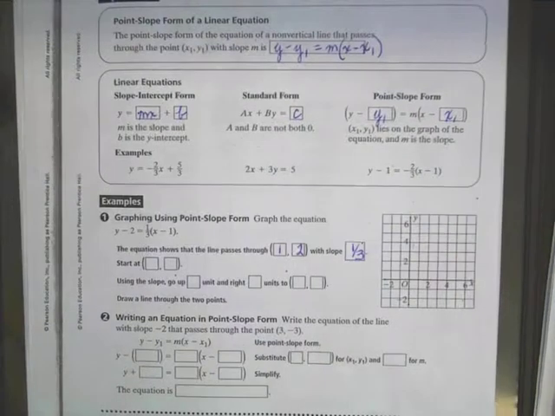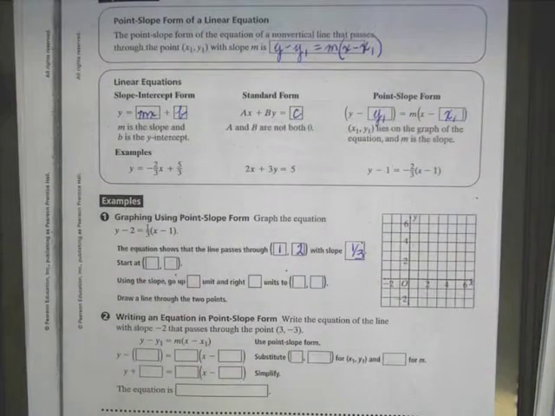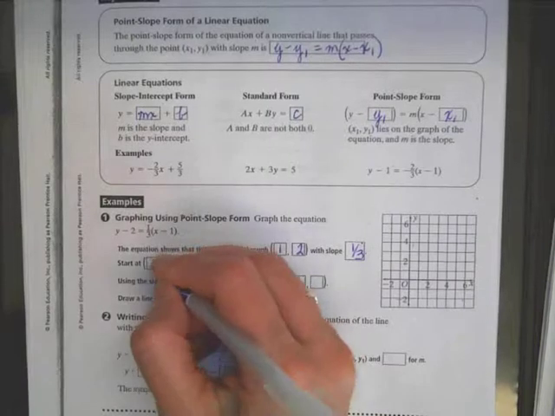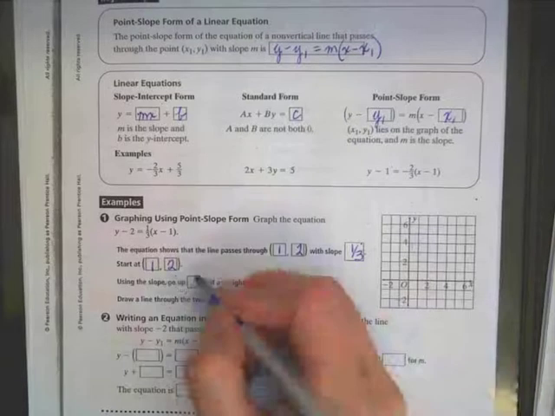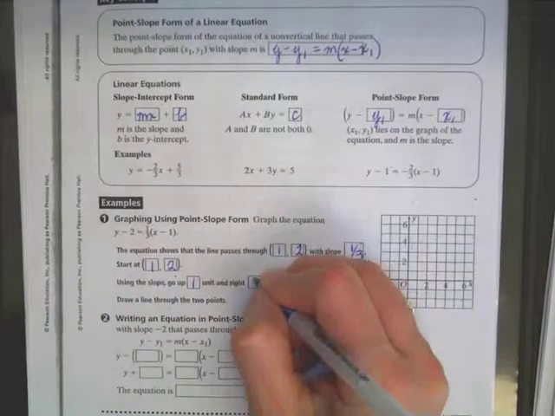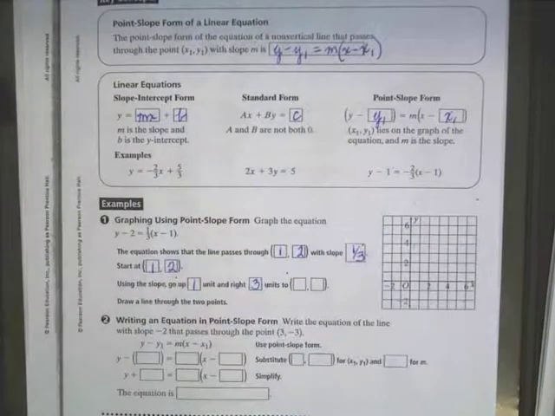So we're going to start at the point 1, 2. And using slope, we're going to go up 1 unit and right 3 units.